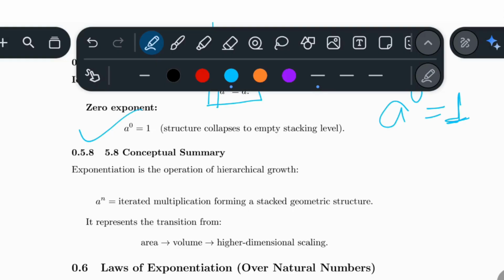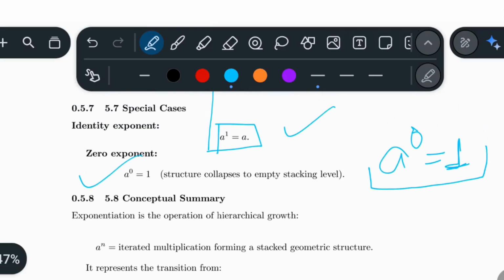For now I can't prove how it is 1, but when we study the laws of exponents, we will be able to prove this. For now, just use it as it is.